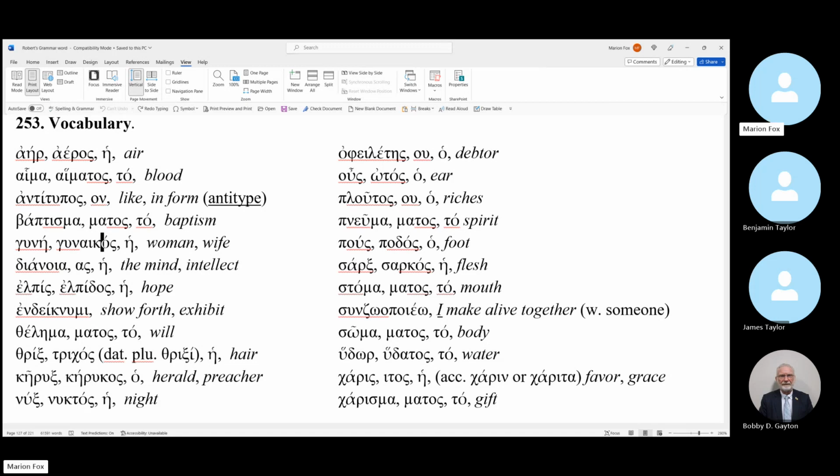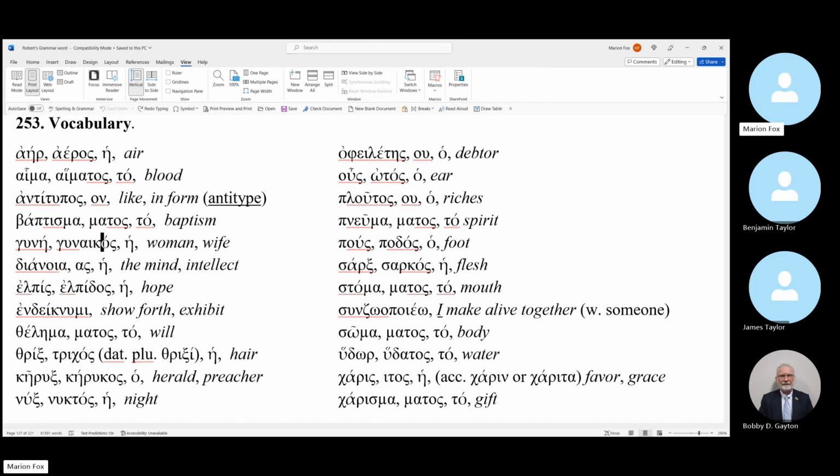If you were in prison and you were to be executed the next day, elpis would be used. You have reason to expect you're going to be executed, back in the times when they executed people. But in English, the word hope always has a positive connotation, whereas elpis is neutral. Could be either positive or negative.